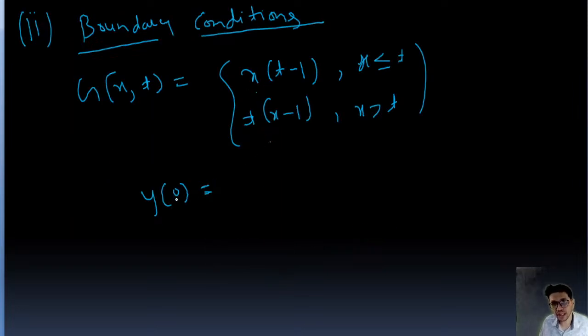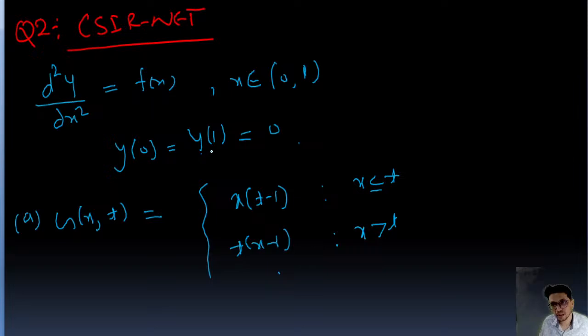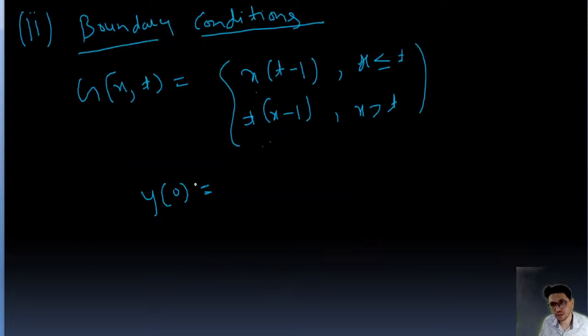So first we will check y at x equal to 0 for this, and then we will check y at x equal to 1 for the second. Y at x equal to 0 means we put x equal to 0 in this function. So this is going to be 0 into t minus 1, and this value is 0.